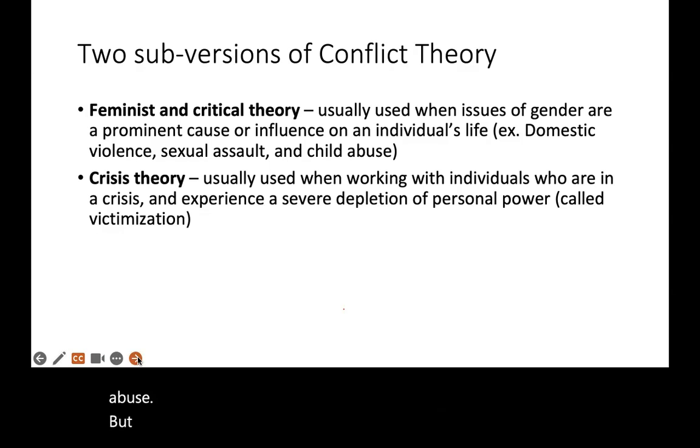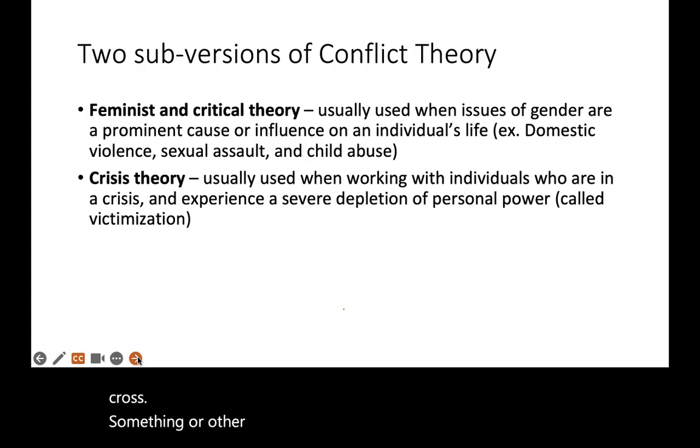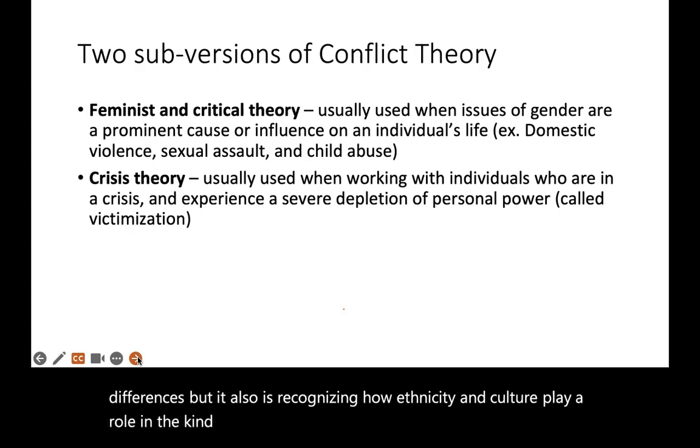But I want to expand on this one because critical theory not only looks at gender differences, but it also is recognizing how ethnicity and culture play a role in the kind of exploitation or the abuse of a given group.